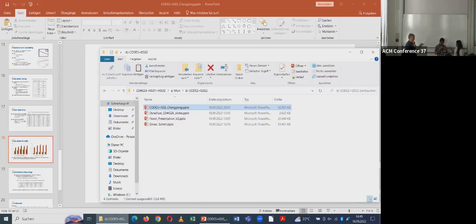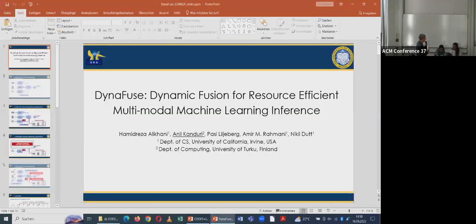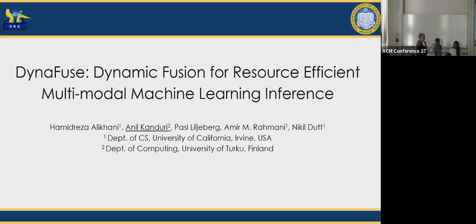His research interests are in heterogeneous multi-core processor architectures, distributed embedded systems, and resource-efficient computing methods for ML. His research is supported by the EU Horizon Initiative, Marie Curie actions, and Nokia Foundations. His title is DynaFuse: Dynamic Fusion for Resource-Efficient Multimodal Machine Learning Inference.